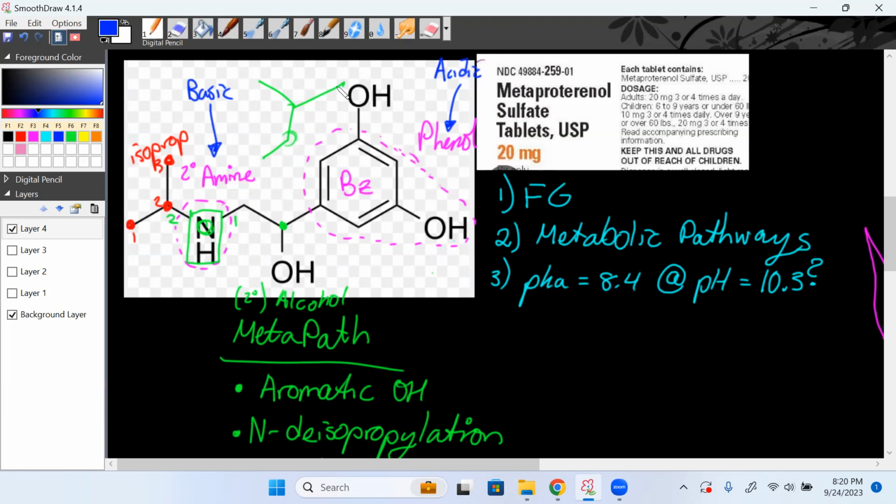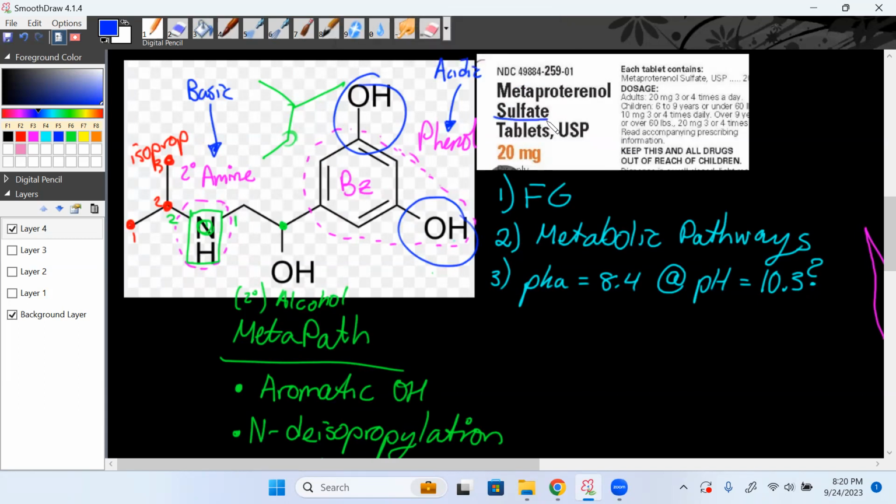So essentially, we have 2 acidic functional groups and 1 basic functional group. So just looking at the structure alone, it would be pretty difficult to determine what the acidity or basicity of the drug would be. So that's why I included the label here, which tells us that we have sulfate.